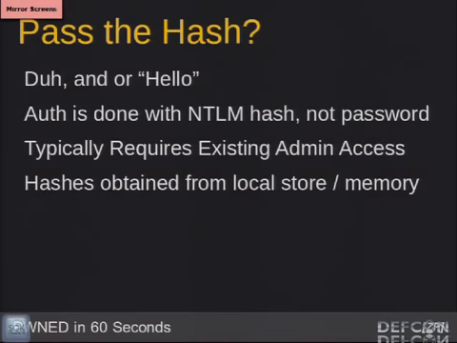This is all covered in various other talks, but it's just a quick refresher to show the differences. But this typically requires local admin access on the system. You need to have existing access, obviously. You're not starting as a guest in order to access the local memory store or the local password store.